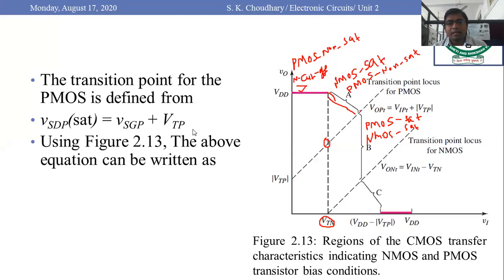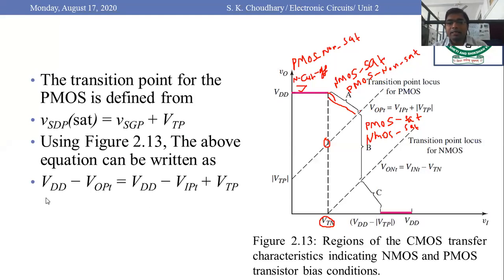So if you look at the diagram, the above equation could be written as what? VDD minus VOPT, where VOPT means the output voltage of PMOS at the transition point.